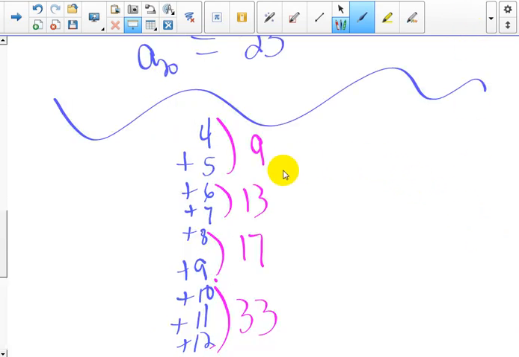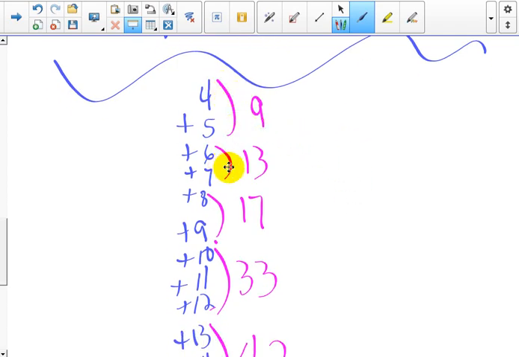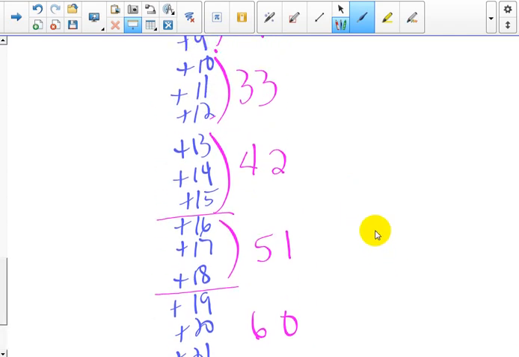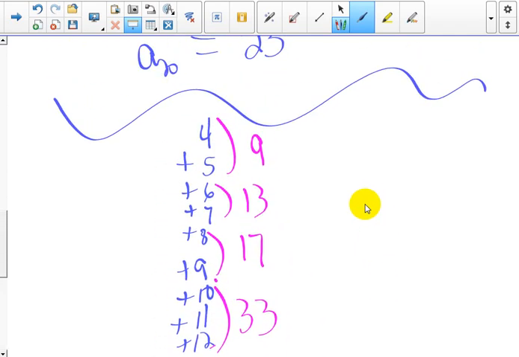So the way I like to do this is just add every few as I go down. So I've summed portions of these up all the way down. And now we're going to sum up those in the next column.